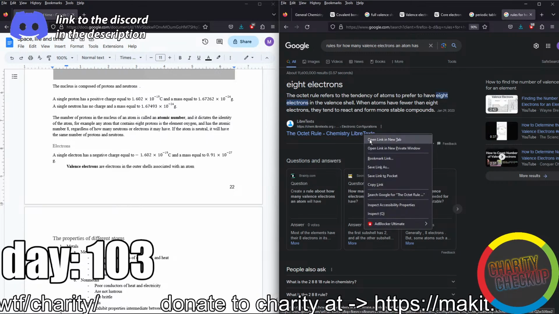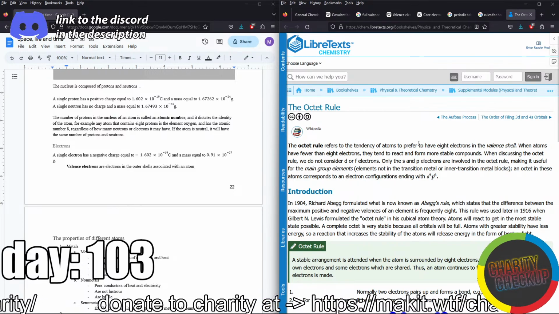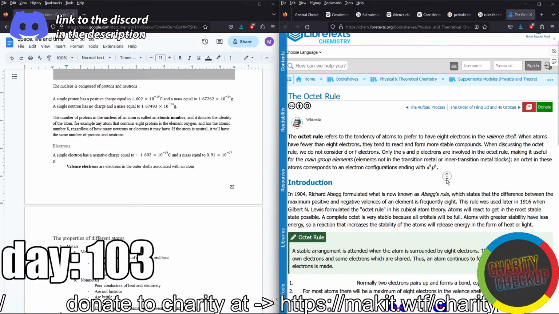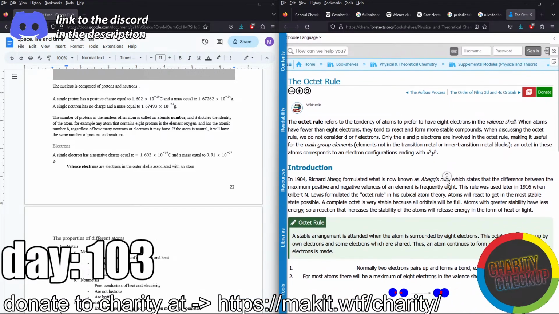Prefer to have 8. May I know why? Oh, that's helpful! When atoms have fewer than that, they tend to react and form more stable compounds.